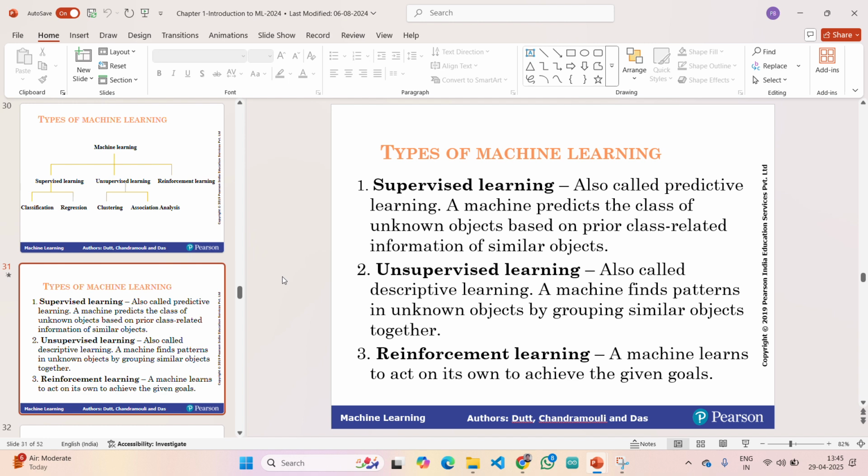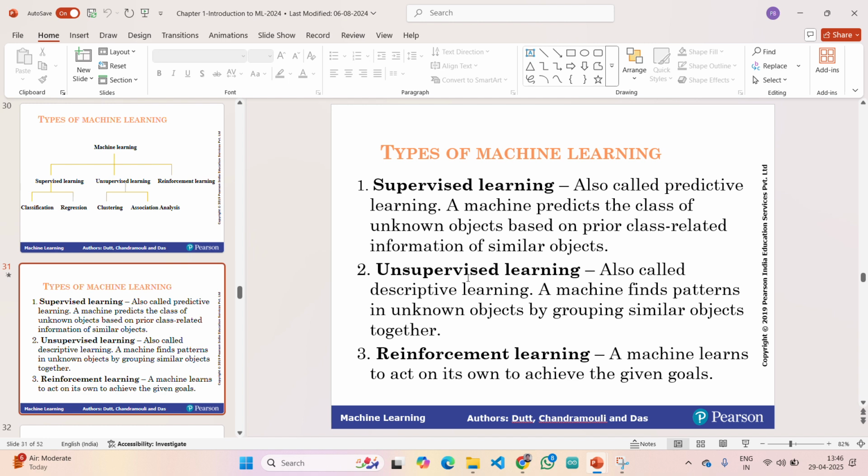Know the difference? Supervised learning is also called predictive learning because it is used for predictions based on prior classes. Prior means already experienced data is present, and that data is called labeled data.